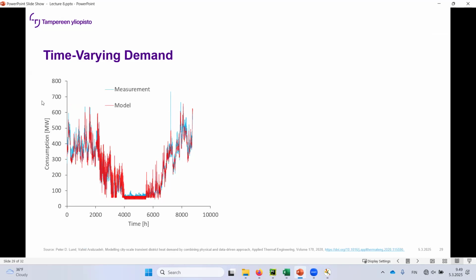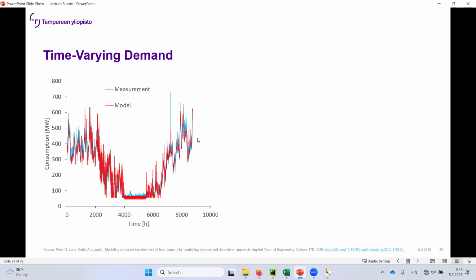One aspect of this time varying demand is what we saw in our district heating system modeling. This was the measured and modeled demand. During the summer hours, we had the fit in there, based on this data, so this is the data-driven part.